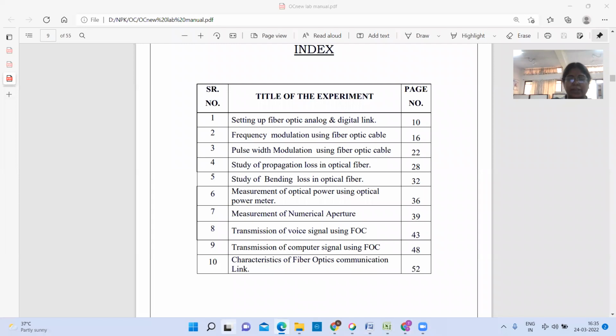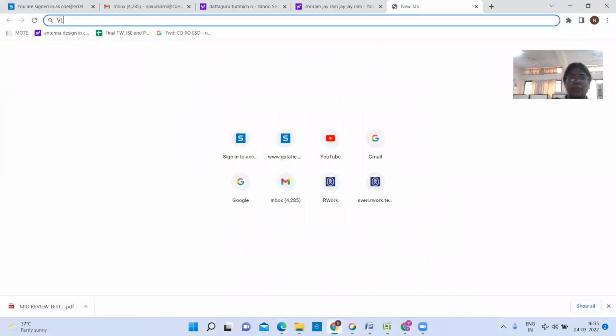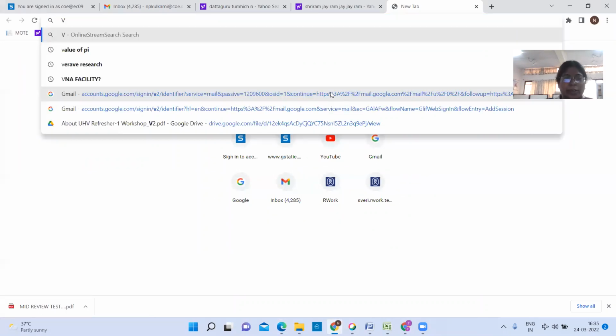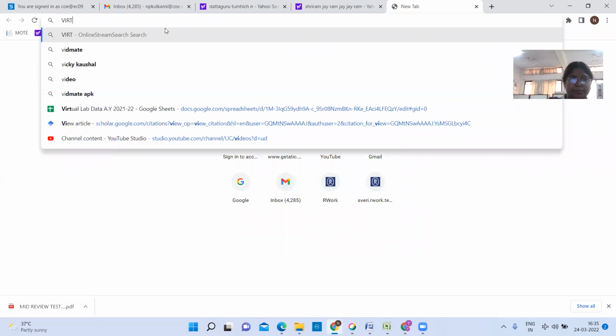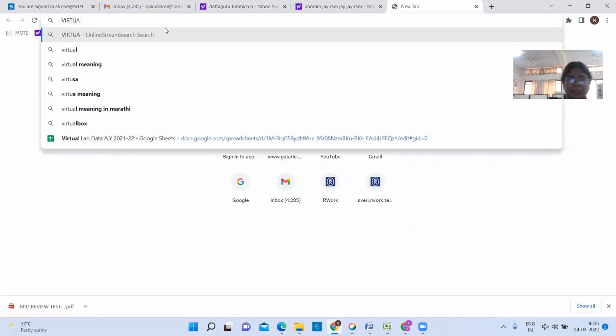the first practical we are going to see in the next slot, but let me discuss some points with you about this virtual lab. Okay, how many of you know about this virtual lab concept? Can anyone tell what is the concept of virtual lab? Yes, virtual lab.